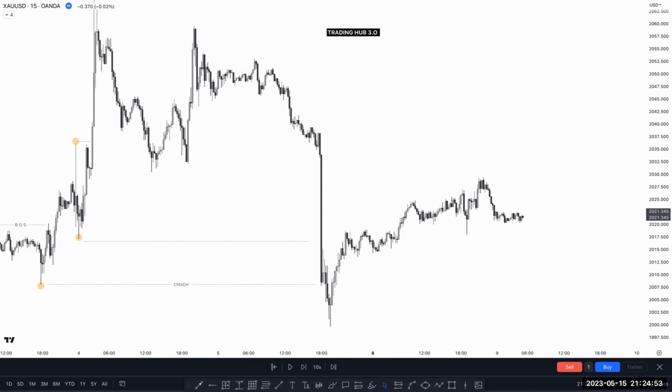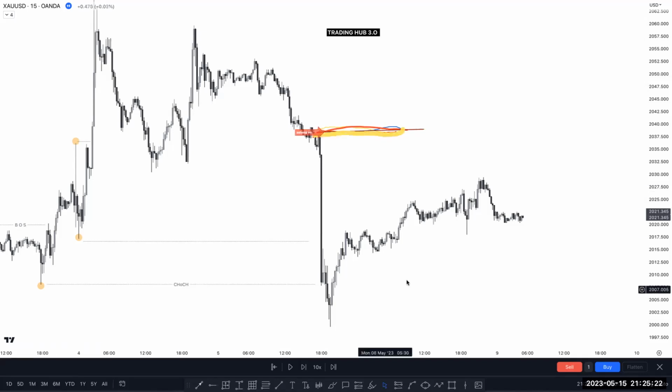So let me enable the annotate section, so you can mark here. And now find where our external inducement is. I'm talking about external structure, everyone. Perfect.